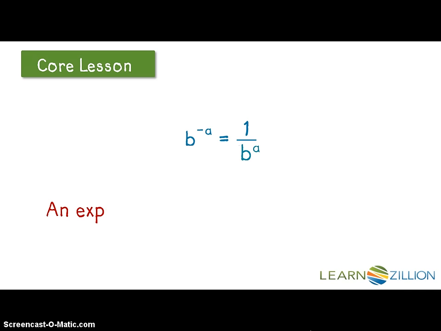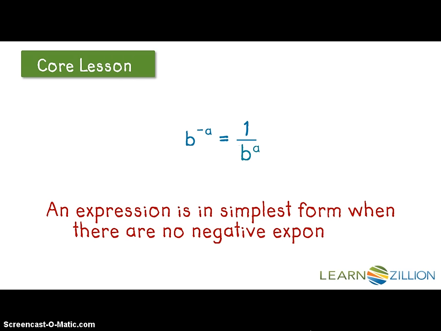And it's really important to note that an expression is in simplest form when there are no negative exponents. So if you're asked to simplify an expression and you see a negative exponent, you just have to do this one quick trick to get rid of that negative exponent. So you take 1 and divide it by that expression using a positive exponent.